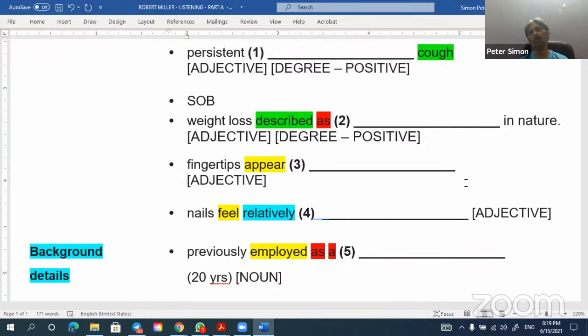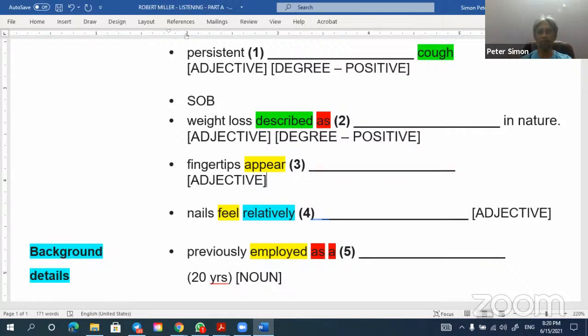Okay, fingertips appear dash. Adjective. Fingertips appear softer than wool. Than means comparative degree. The softest. Here nothing is there. Fingertips appear soft, or dry, or rough, like that.